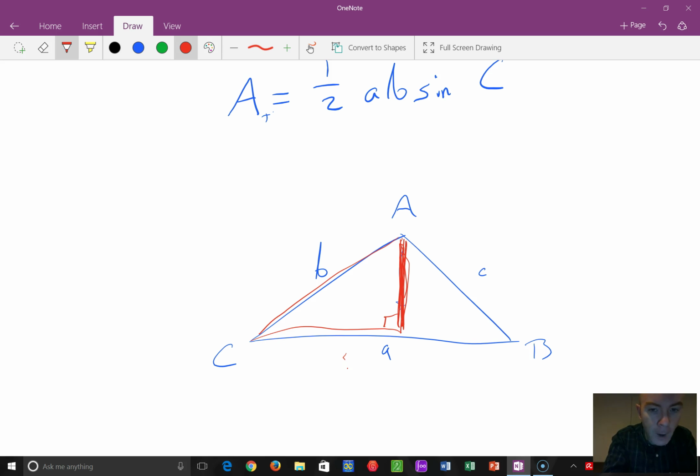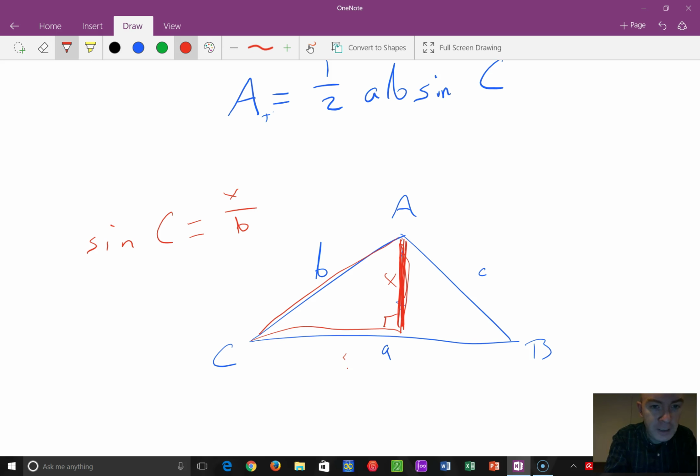So how do we get this? Well, if you look at sine of big C, that's equal to the opposite, and just for simplicity's sake, let's call that x, over the hypotenuse, which is b. Well, we know what b is, because we were given that. That was part of the information that we're working off of.